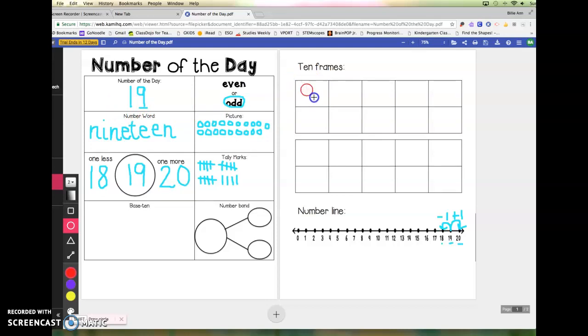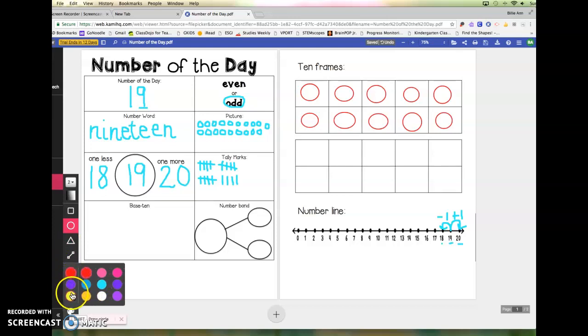Let's count with me. 1, 2, 3, 4, 5, 6, 7, 8, 9, 10. Now we're going to add our second 10 frame.